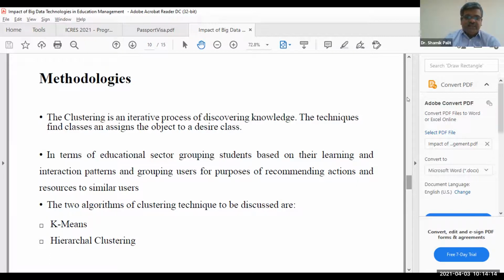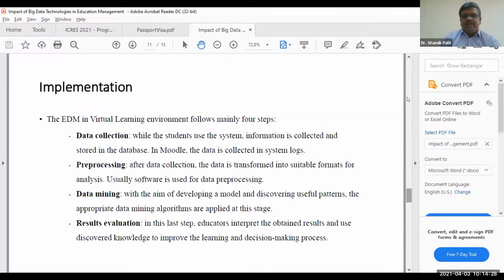The other two algorithms which I found really very effective are K-means and hierarchical clustering, which can be used for analyzing that specific data, incorporating the features of machine learning, and which will make the workflow of the enterprise system much more effective. As long as implementation is concerned, there are four distinct phases associated with the process. One is obviously data collection, with data coming from various heterogeneous sources.